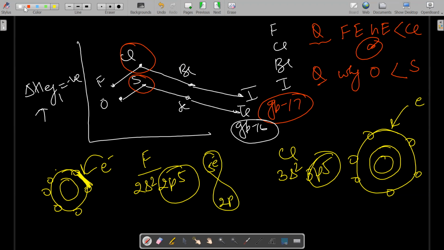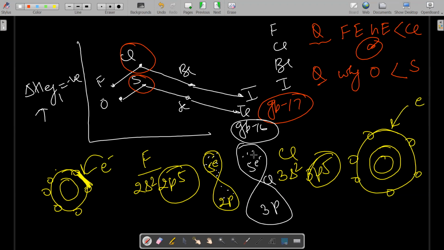And chlorine has the 3p orbital, which has a larger size, with 5 electrons. What you are observing is that in fluorine these electrons are very close to each other, present in very small space. So repulsions are more, and the incoming of an electron is difficult.